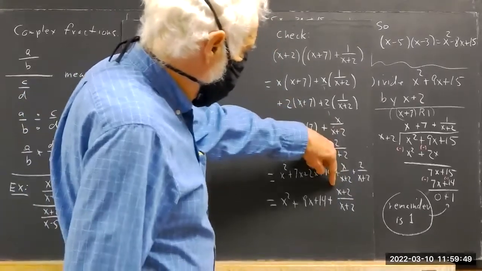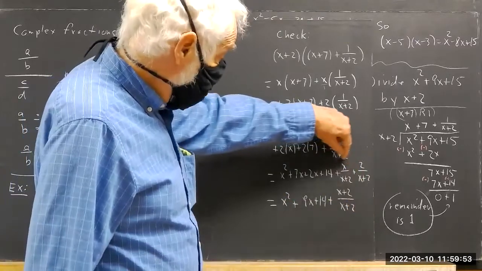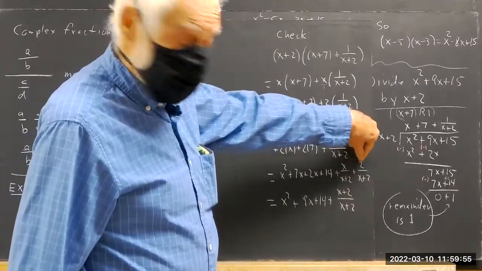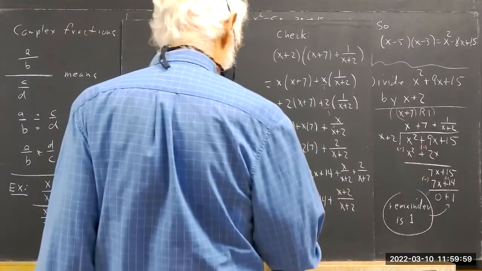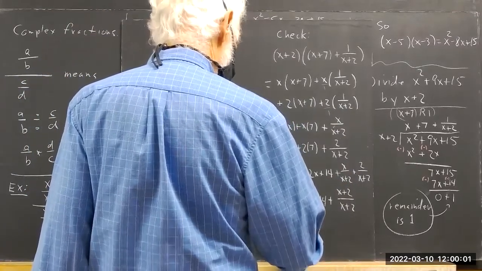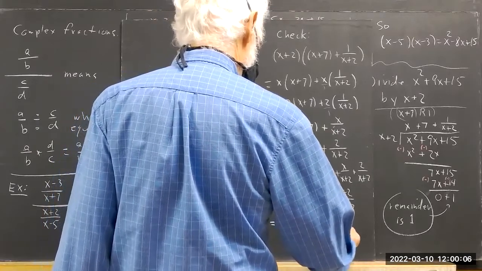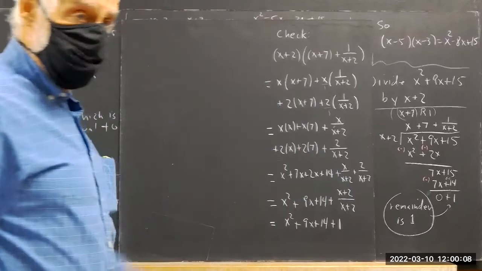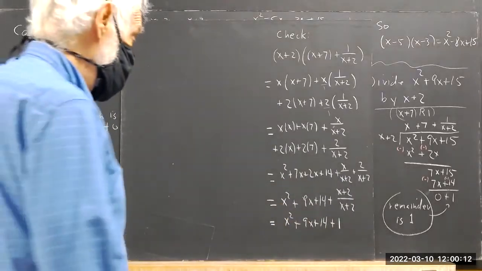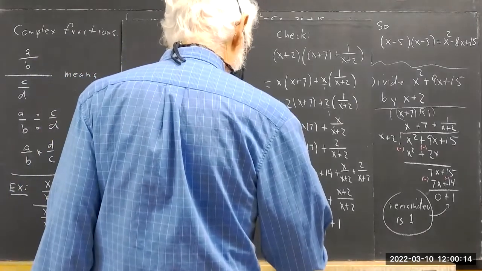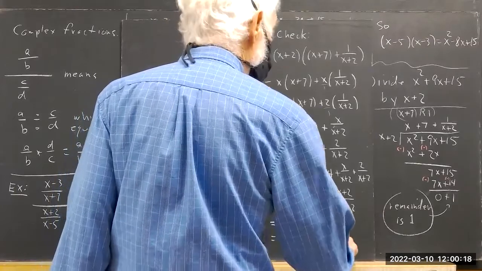And x over x plus 2 plus 2 over x plus 2, we've got the same denominator. We can add these numerators. And we get x plus 2 over x plus 2. So that equals x squared plus 9x plus 14 plus 1. x plus 2 over x plus 2 is 1. Which is x squared plus 9x plus 15.